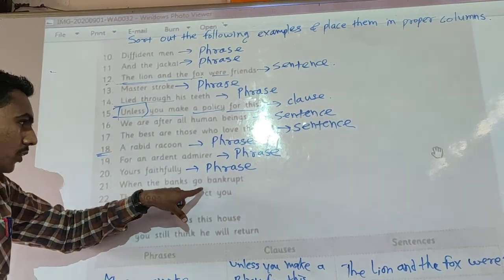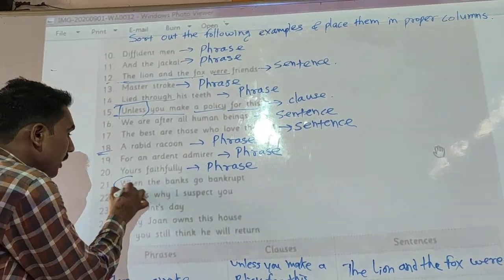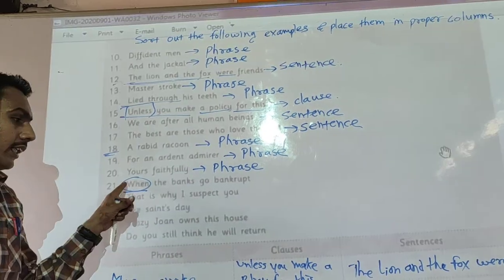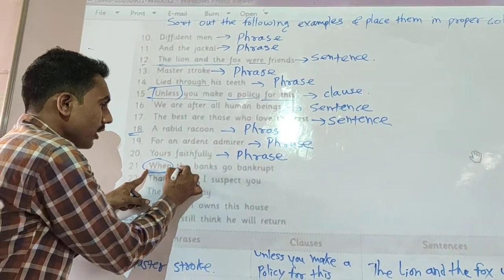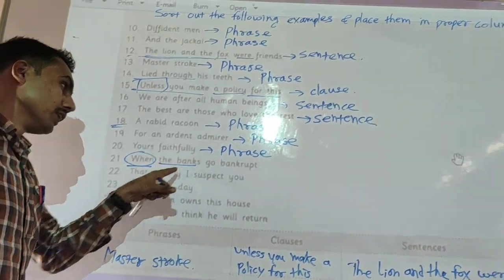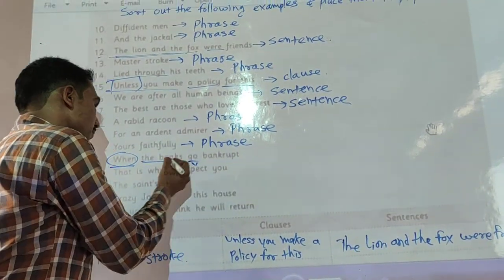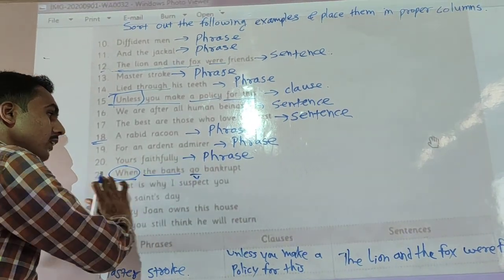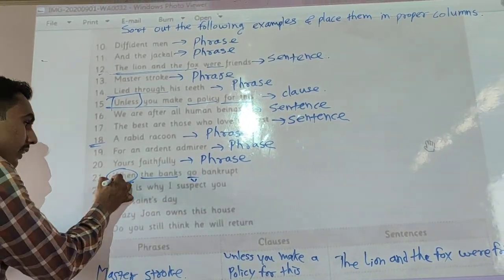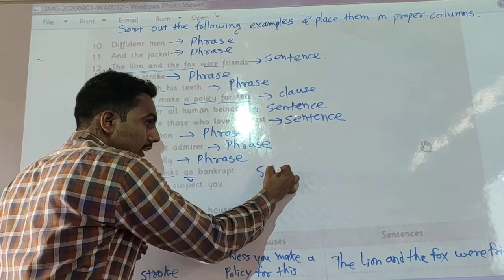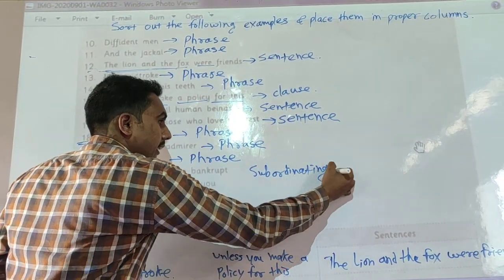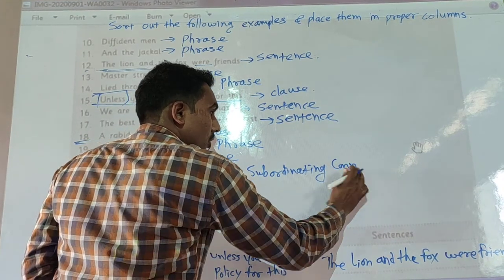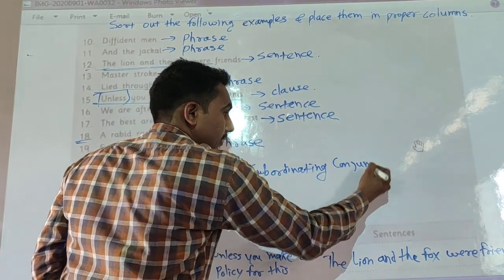"When the banks go bankrupt." Look here, the starting word "when" is a subordinating conjunction. The banks is one subject, and go is the verb. But the example starts with a subordinating conjunction, so it is one clause.